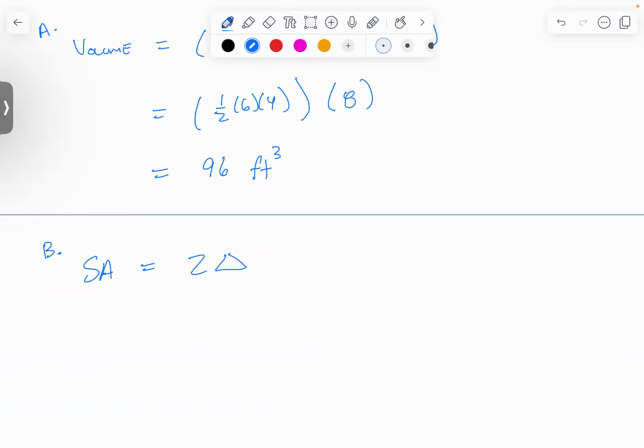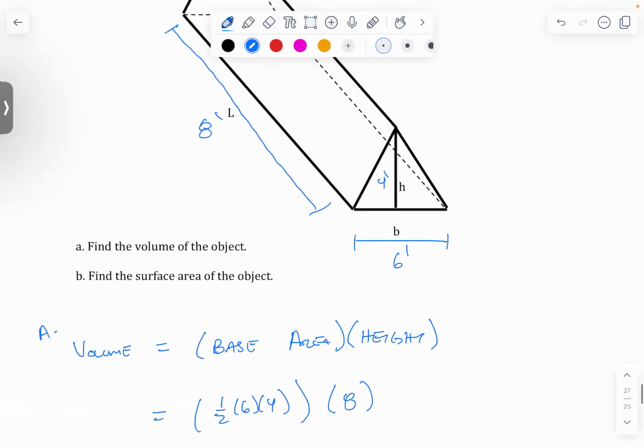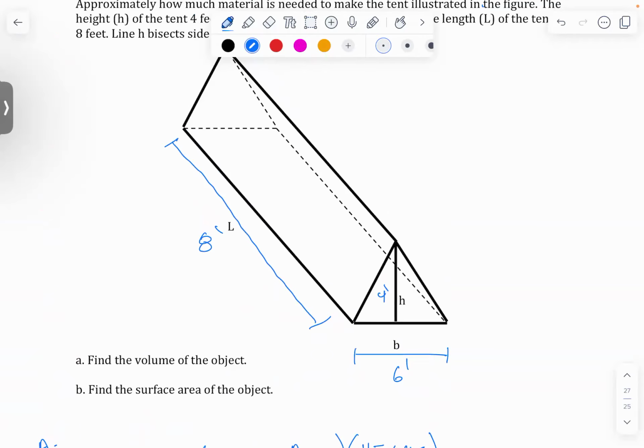Then there are 3 rectangles, but be aware, all these rectangles are not the same. The bottom rectangle, which is going to be 6 feet by 8 feet, is not the same as the rectangles on the side, because that's this distance. And that distance we actually don't know, but we're going to be able to find out.